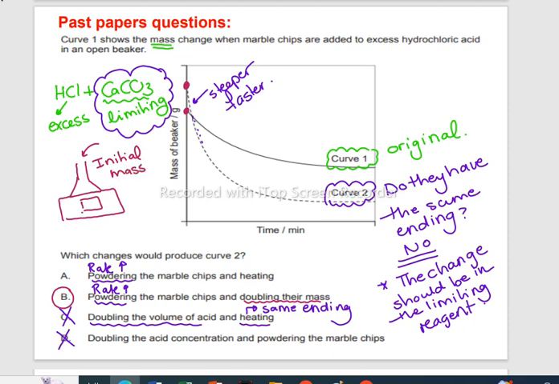It's not the same. Because of that, curve 1 started with a mass higher than the mass of curve 2. This makes sense actually. And since you are doubling the mass, you will have more change in mass, or more decrease in mass, let's say.